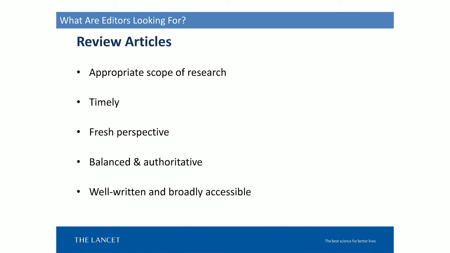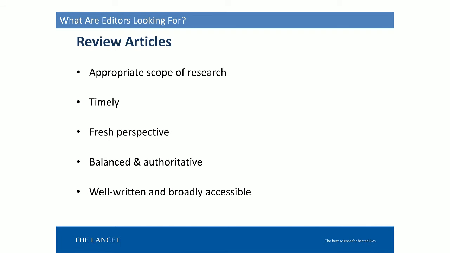For review articles, again, we're looking to see that the scope of your review is appropriate to the journal. It needs to be timely. Perhaps very little has actually changed in the field that you're reviewing for a few years, in which case, is it necessary to submit and publish a new review?